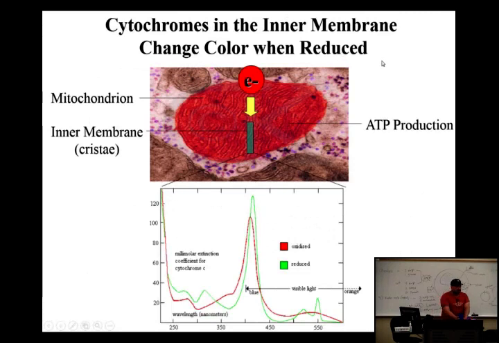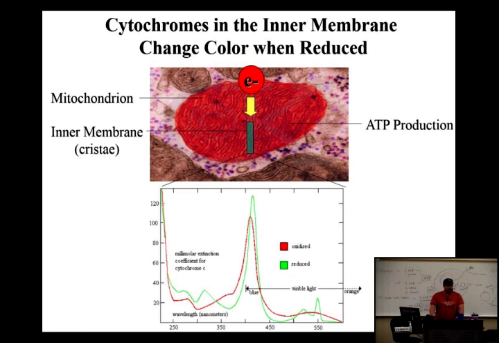Alright, so I'm going to take you on a little trip back to 1970, and scientists were just now starting to discover that the mitochondria were responsible for making ATP. They did it the same way we did. They did cell fractionation. And they looked at it under the microscope. They noticed these chemicals inside the inner membrane of the mitochondria that they called cytochromes. So what does chromos mean?